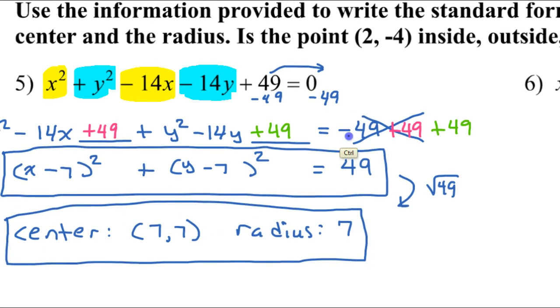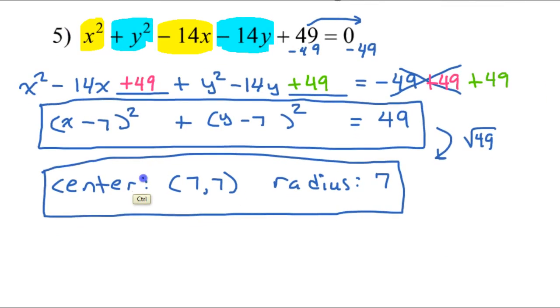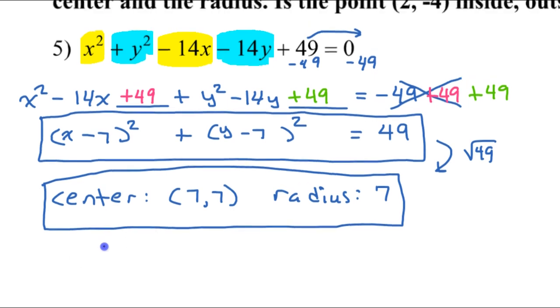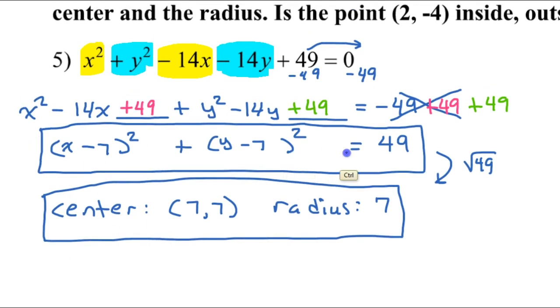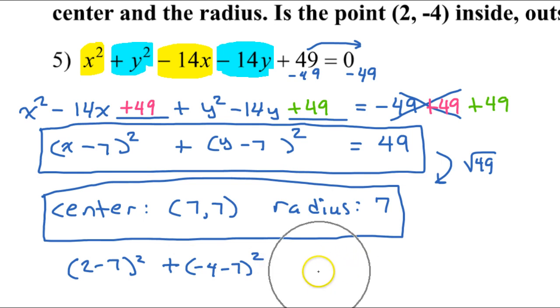Now we need to figure out, is the point (2, -4) inside, outside, or on the circle? What I want to do is take my equation of the circle and plug in this point. If I substitute 2 for x and -4 for y, then I'm going to get (2 - 7)² + (-4 - 7)².